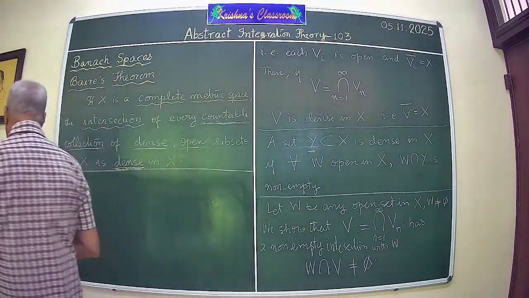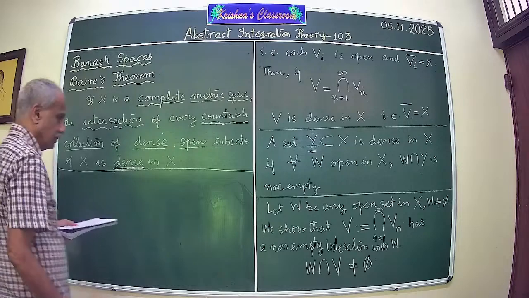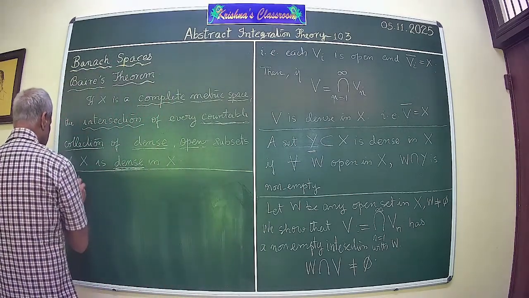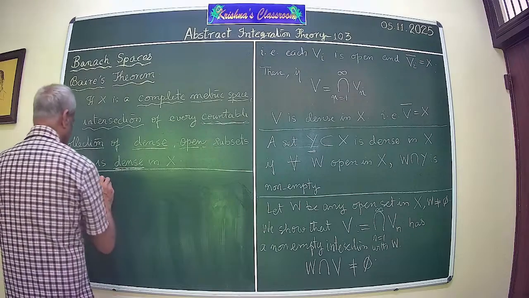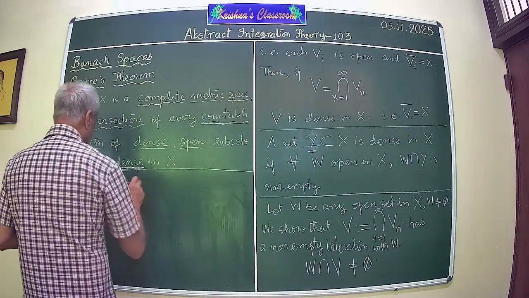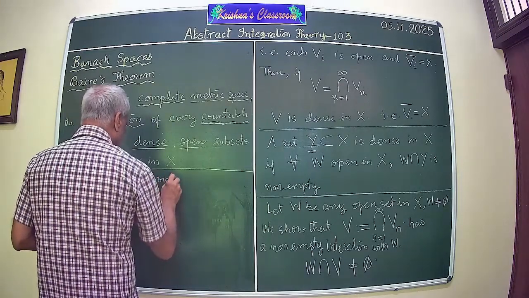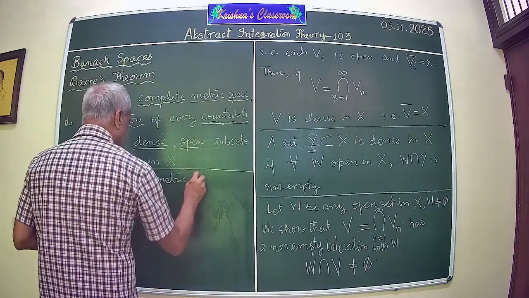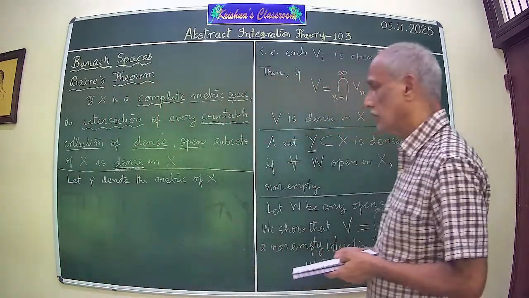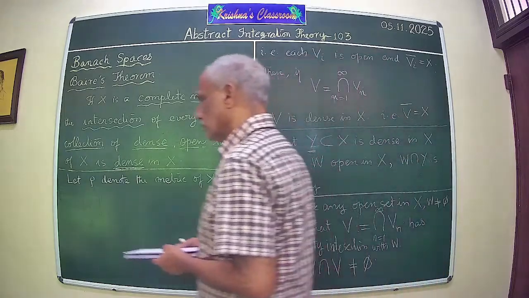So we introduce some notations, some useful notations. Okay. So let rho denote the metric of X. So the distance function is rho(x, y).